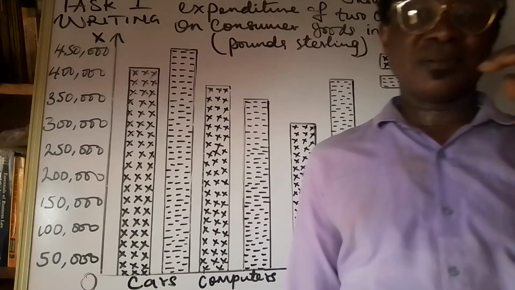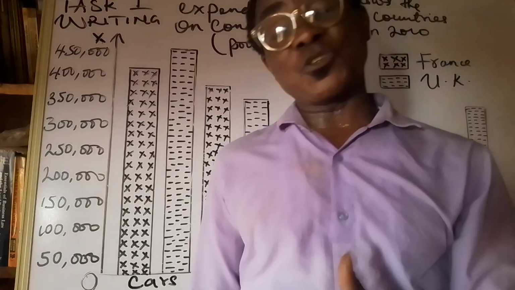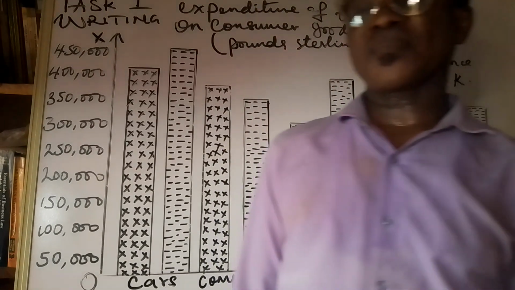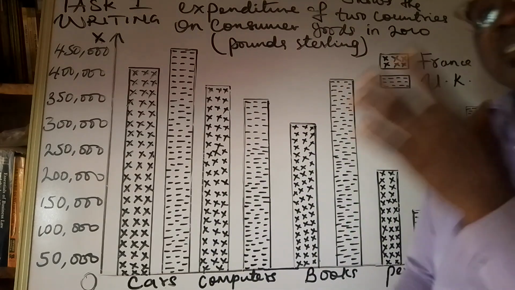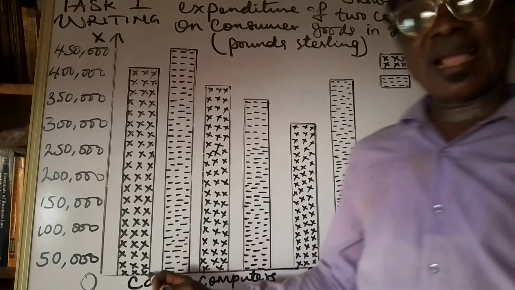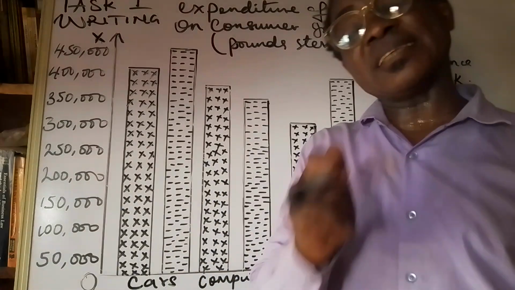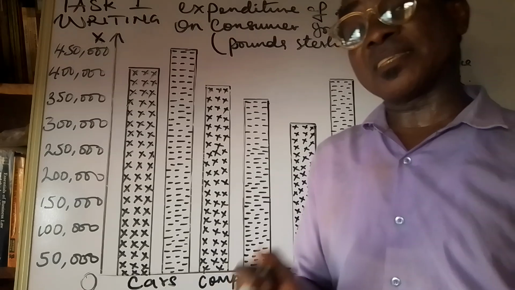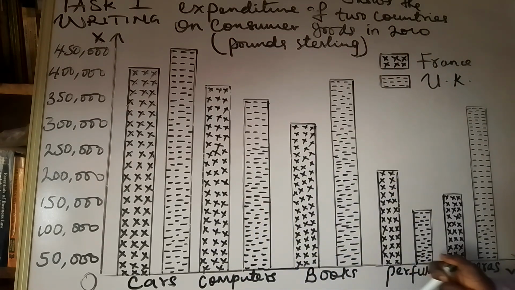The British spent more than the French on consumer goods in 2010. Both countries, however, spent more of their incomes on cars, while the least expenditure by British citizens in 2010 was made on perfume, while the French made their least expenditure on cameras.